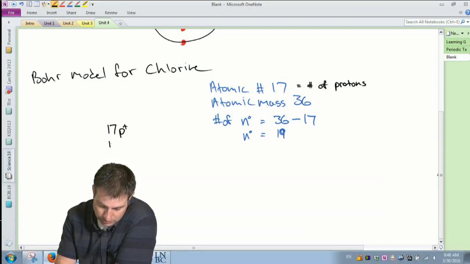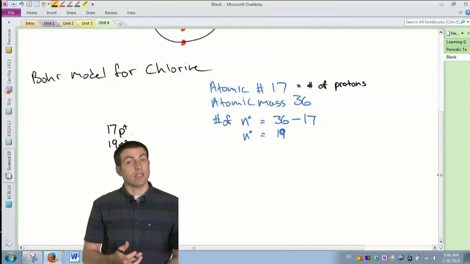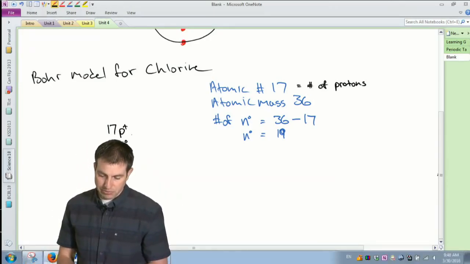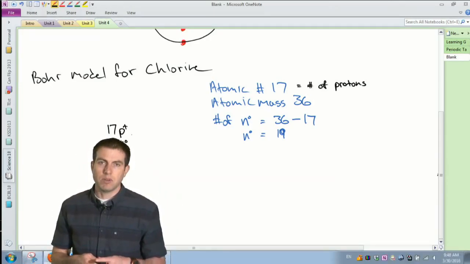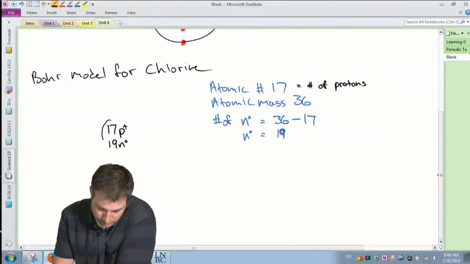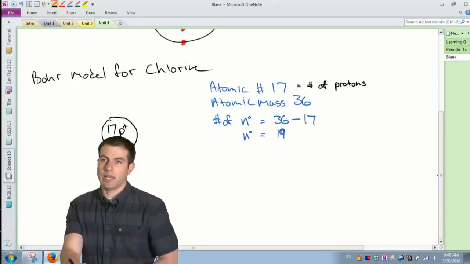So we had 17 protons and 19 neutrons. And the number of protons and neutrons is not necessarily going to be the same number. It's possible for these things to be different. They'll always be close to the same, but they don't have to be exactly the same. All right, so that's my nucleus. I'm going to write a little circle around that, and we'll just leave it like that for now.